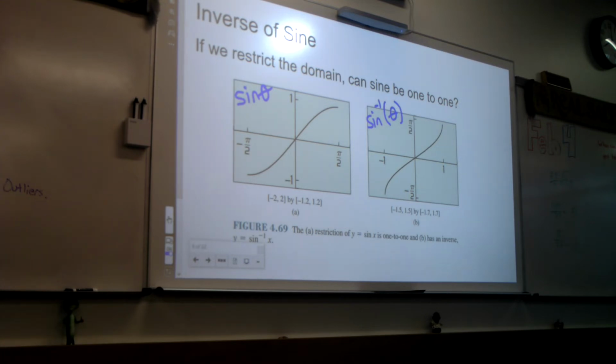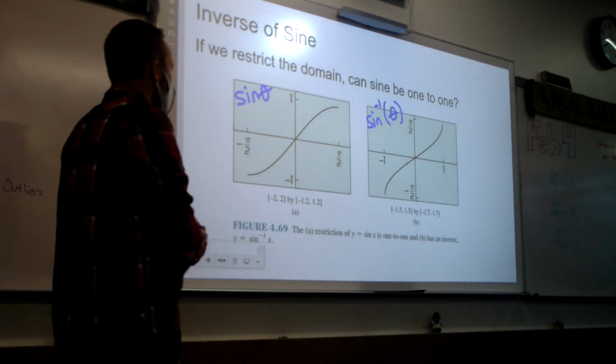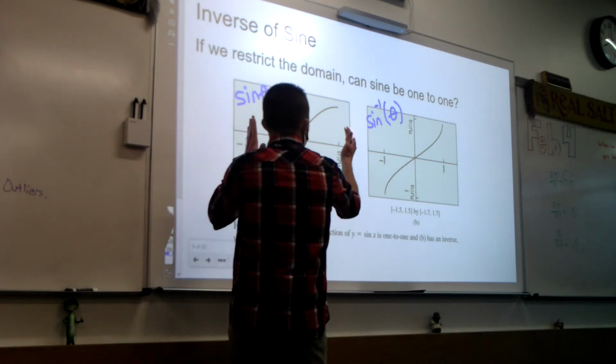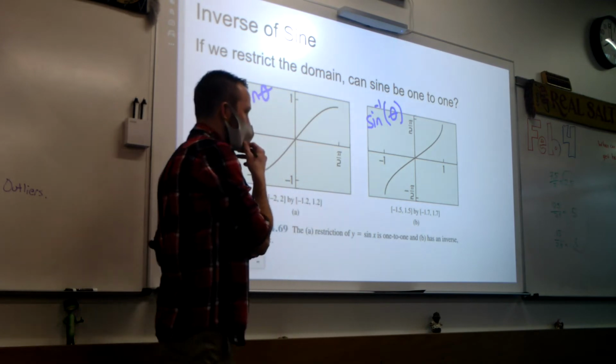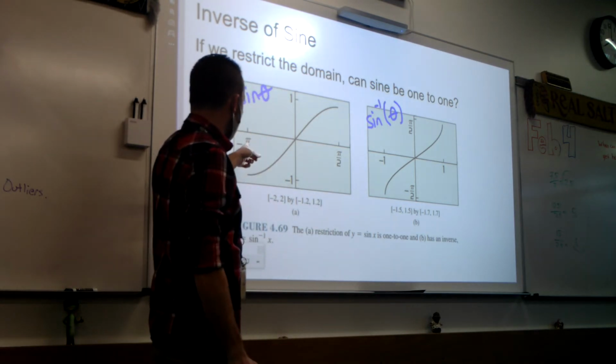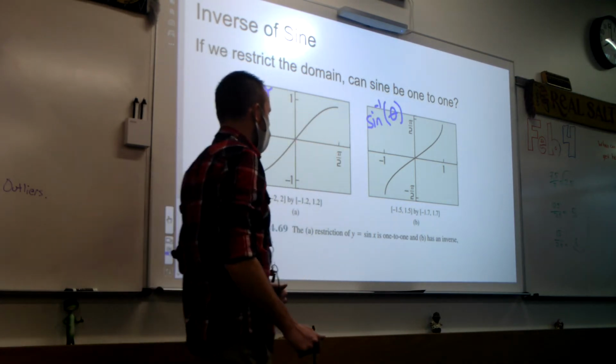Are they both one-to-one? Do they pass both the vertical and the horizontal line test? Yes, and that's cool. Now, the reason this is important is because the inverse of sine is only going to be defined from here to here, which is from negative pi halves to pi halves.